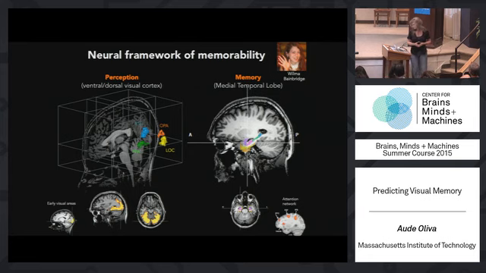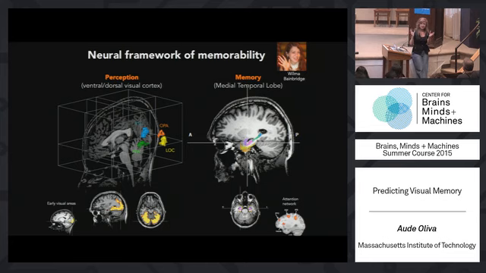Now that we were able to have all those data and see that there is this consistency, one of the next questions you can look at is, okay, if it seems that we all have a tendency to remember the same images, can we find a neural signature in the human brain? So it's the question of memorability. Is it a perceptual or memory question? Because in all our experiments, the images are shown for a short time, and then when they are repeated, you see them a second time.